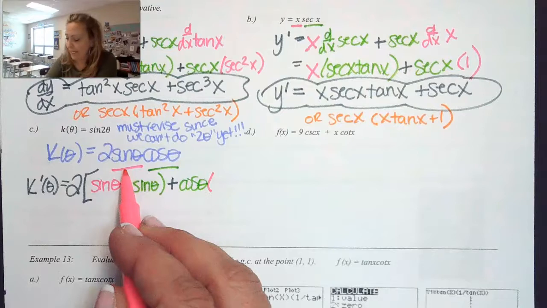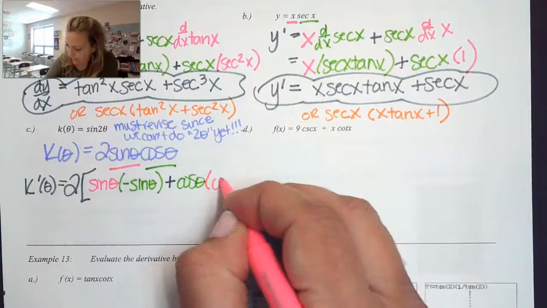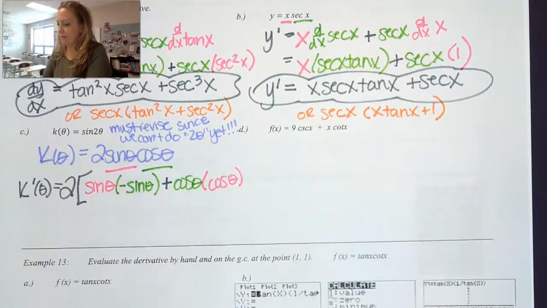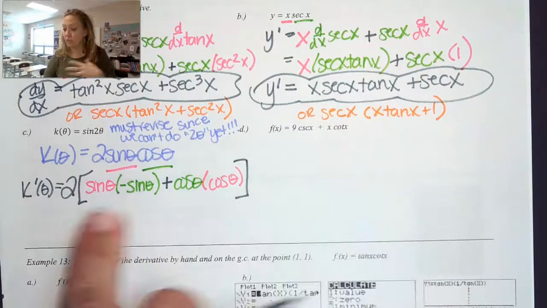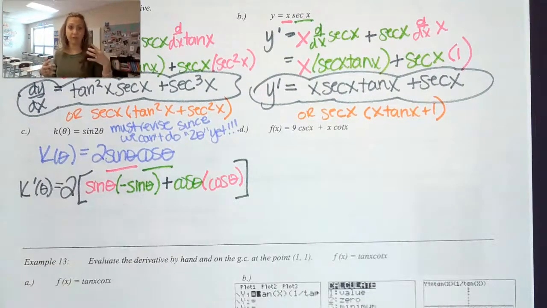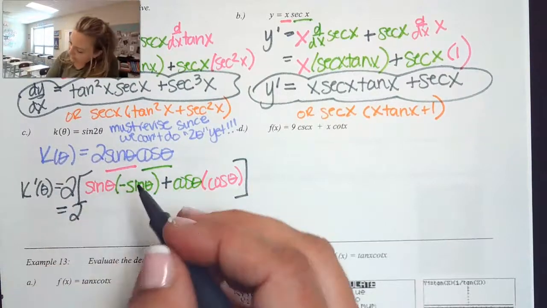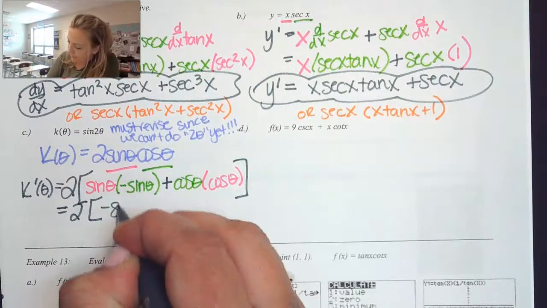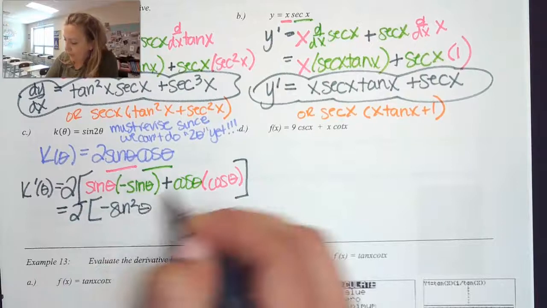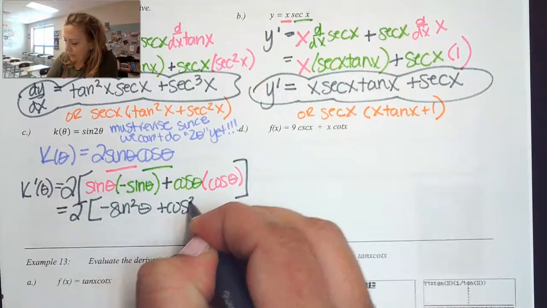And the derivative of sine theta is cosine theta. Okay. If you want to write out the derivative part first, that's fine. I'm just trying to save a little bit of time here, kiddos, okay? So let's see what this would be. This would be the opposite of sine squared theta plus cosine squared theta.